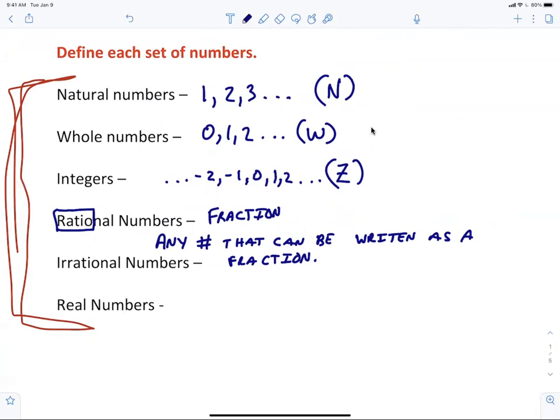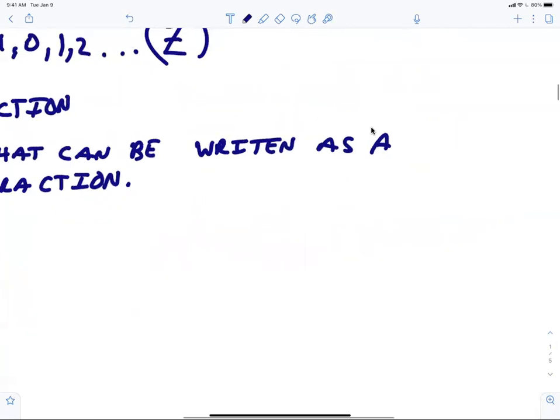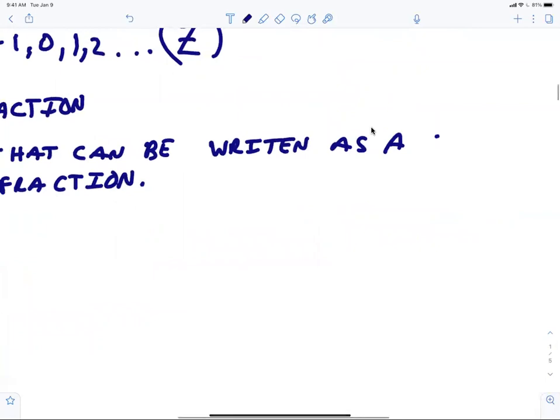So if a rational number is any number that can be written as a fraction, what number can't be written as a fraction? Decimals that go on. For example, is 0.3 repeated irrational or rational? Rational, because it's 1/3. Very smart.